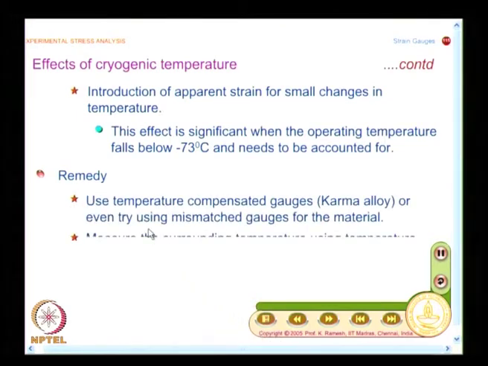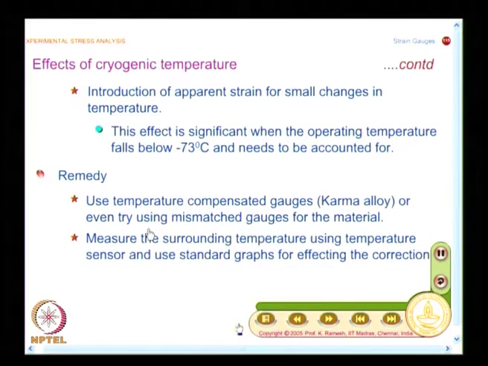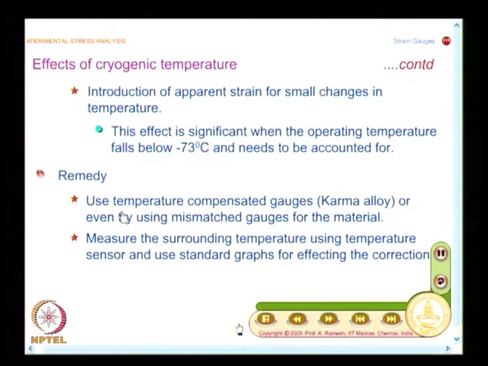I had mentioned in the discussion on self temperature compensated gauges that use the self temperature compensated gauge only for the specimen material for which it is compensated. You should not mix these self temperature compensated gauges, then your measurement will be erroneous. See, for any rule there will be exception. The exception applies in cryogenic temperatures. So, in cryogenic temperatures the recommendation is use temperature compensated gauges or even try using mismatched gauges for the material.